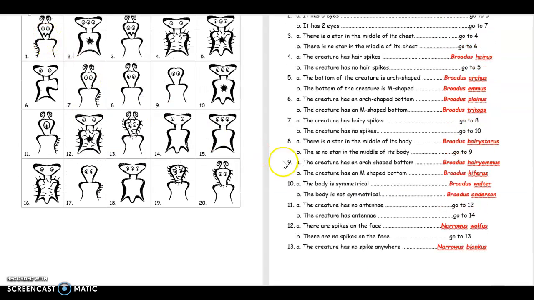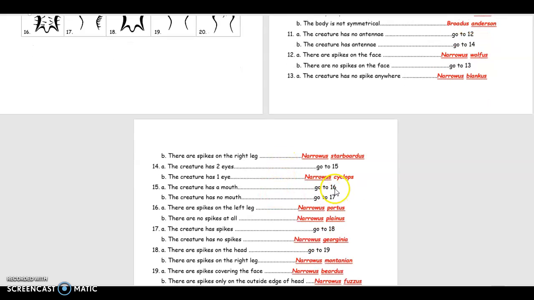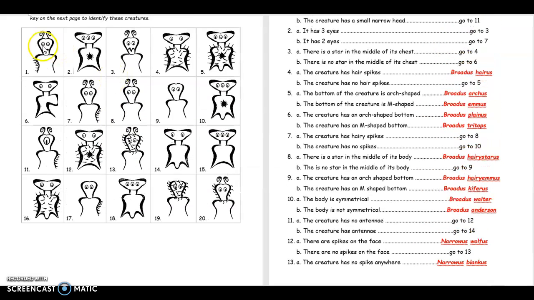The mouth, I go to 16. There are spikes on the left leg. There are no spikes at all. So there are spikes, and I see that it has spikes, but if I'm looking at this, it would seem that the spikes are on the right leg, but it does have spikes.